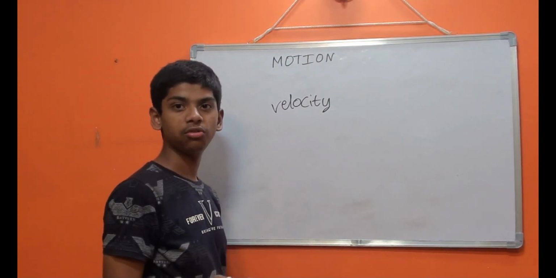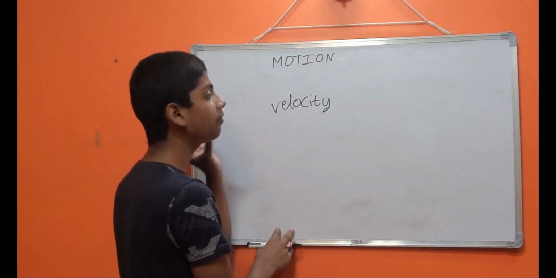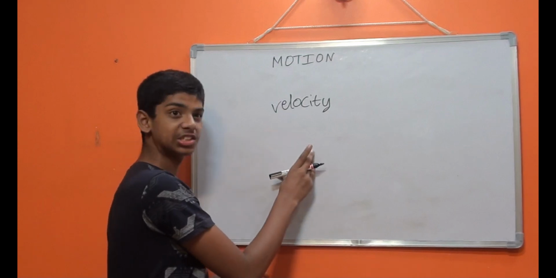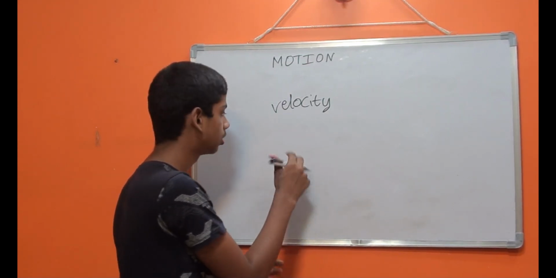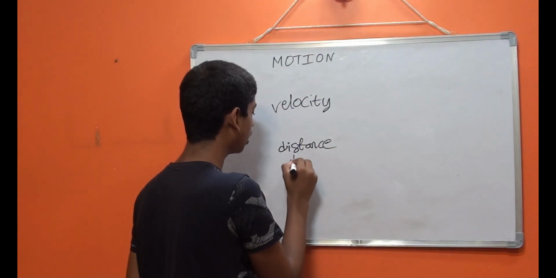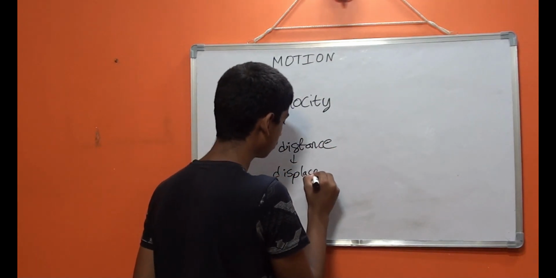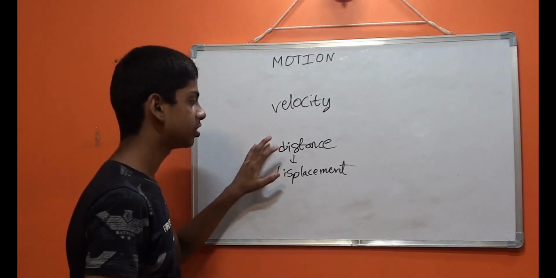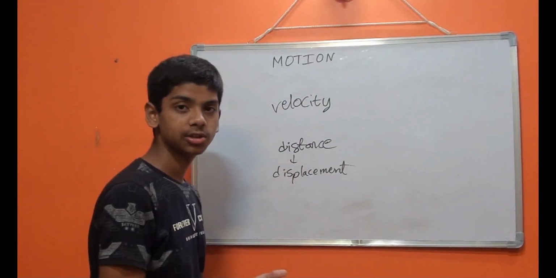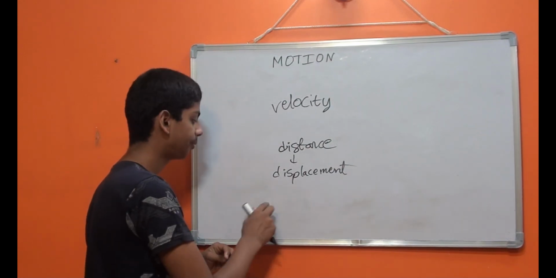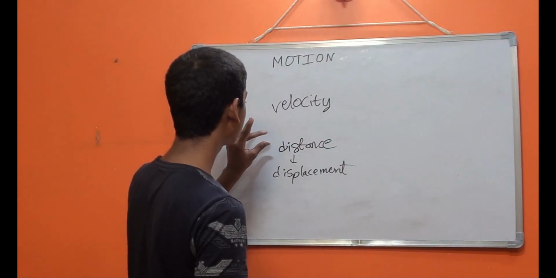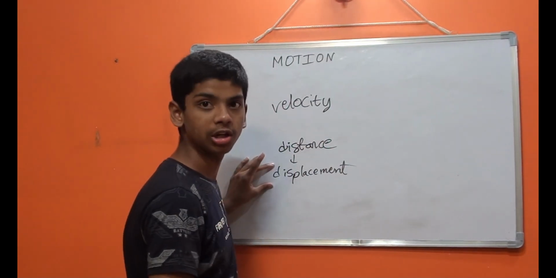Uniform velocity is the same as uniform speed, but instead of distance we use displacement. That is velocity. Non-uniform velocity has the same definition as non-uniform speed, but we replace distance with displacement.